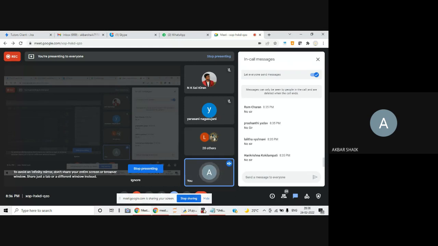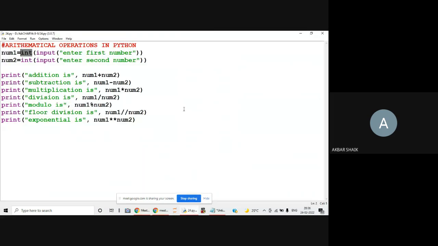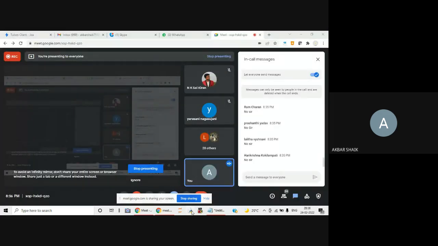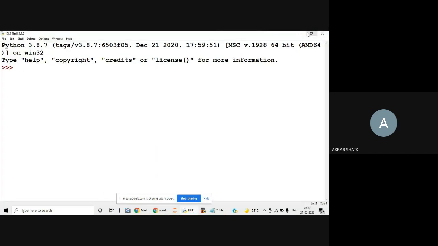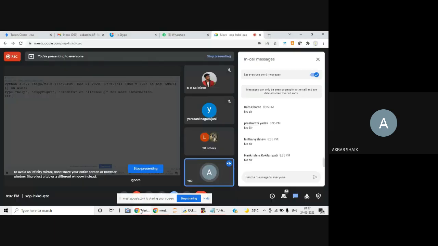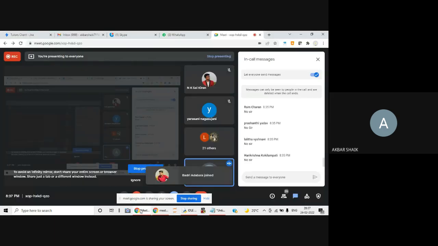Okay, so now we'll see how we are going to execute those relational operators. My question: what are relational operators going to return?